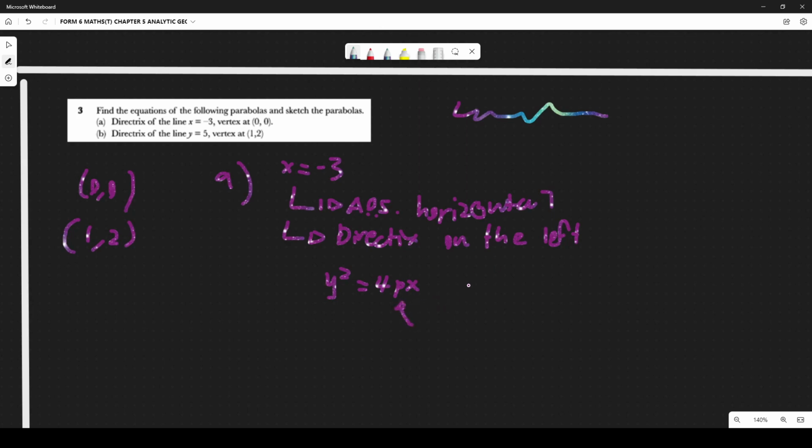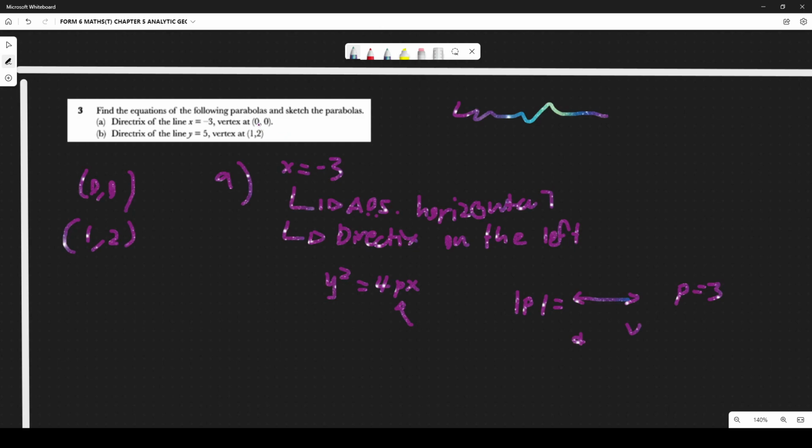Since they never mention anything, the modulus of p will be equal to the distance from the directrix to the vertex, so we can say p equals 3.